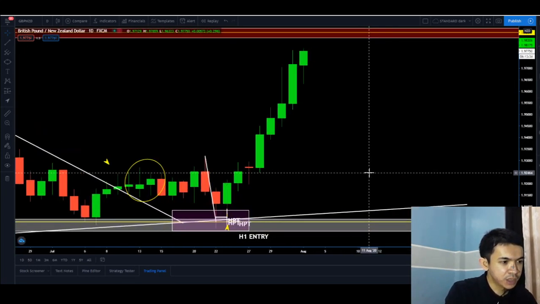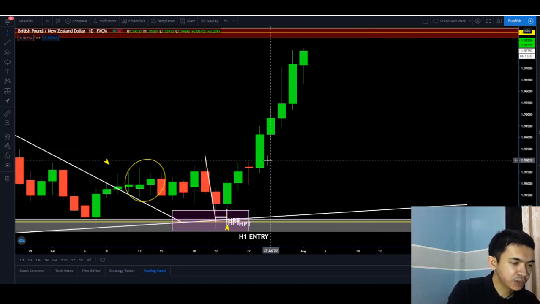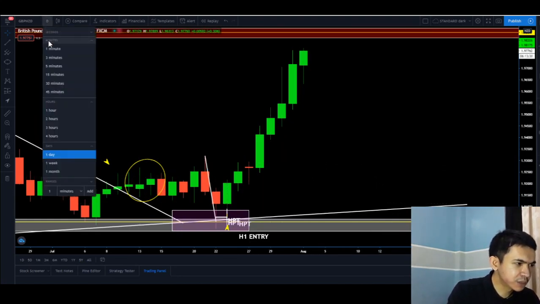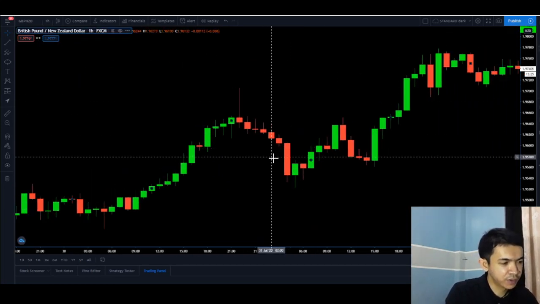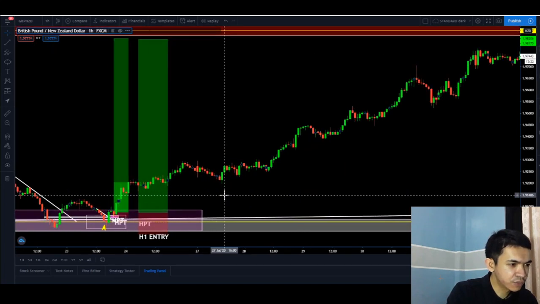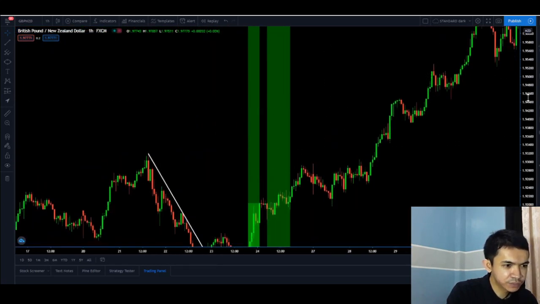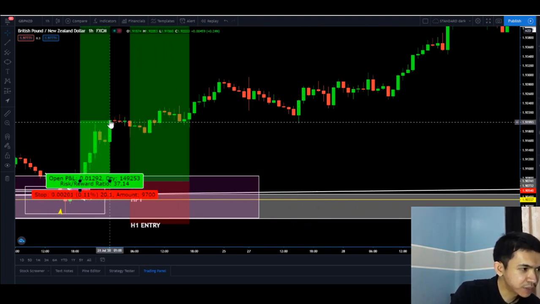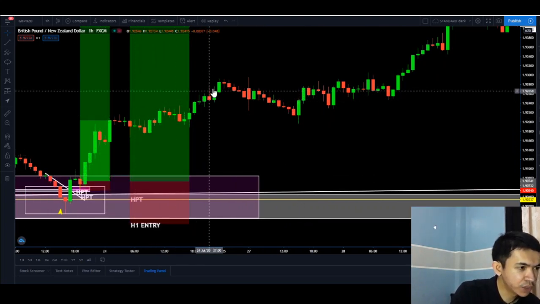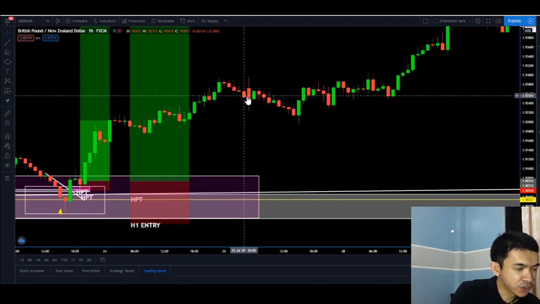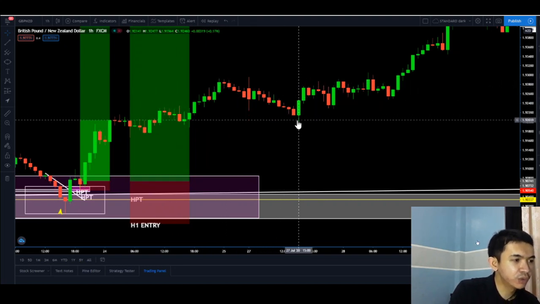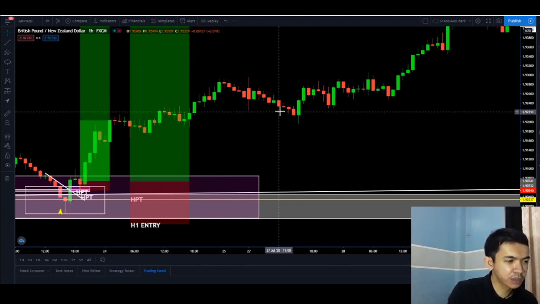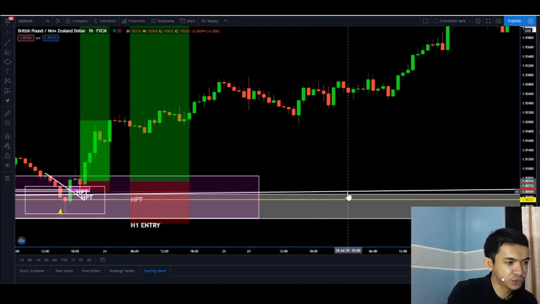Okay? If I'm going to monitor the price at a much lower time frame, let's say an hour time frame, I would see a lot of noise. If I saw the price moving up, moving up, moving up, and then suddenly I saw this move, I would have probably exited my trade because I'd be thinking that the price would continue to go down.